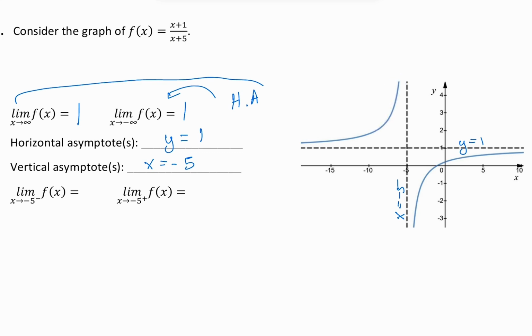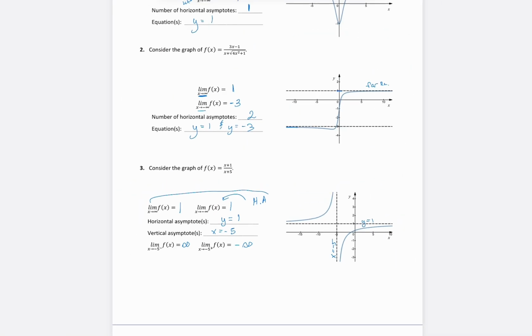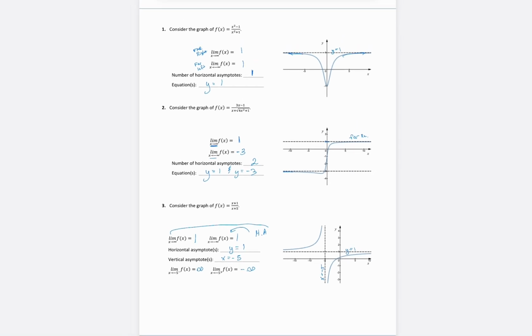So on the left, we put a positive infinity. But on the right, you can see this line is actually going down, so it's going to negative infinity. So that's the brief intro to limits and horizontal asymptotes.